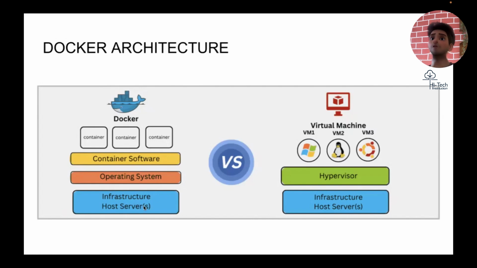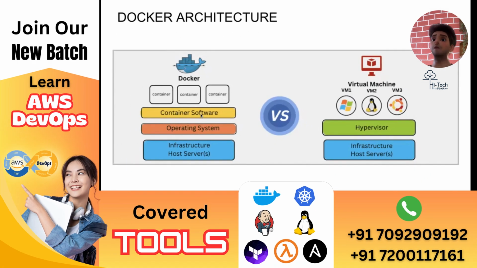In this diagram, you can see you will have hardware, and on top of the hardware you will have the operating system. In Docker, there is no bare metal kind of thing. Every Docker host will have a base operating system. On top of the operating system, we will install the container software, which people also call the container runtime. Either way, it's correct. This container software is nothing but Docker.